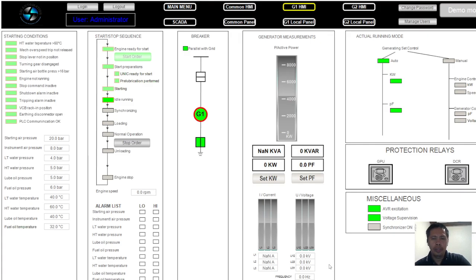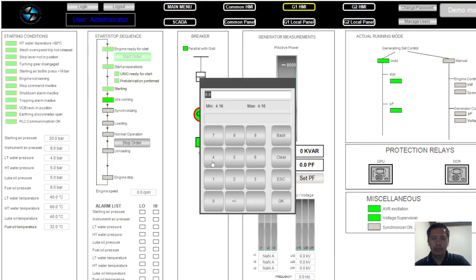As an operator, as part of the simulator, you need to know the voltage across the line, the frequency and the RPM. So you need to set this. While the engine is idle running, what's the voltage across line 1, line 2? The voltage is around 4.16 kV, line 2, line 3, 4.16 kV.